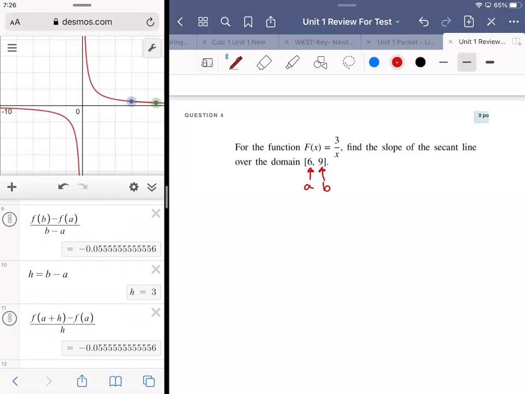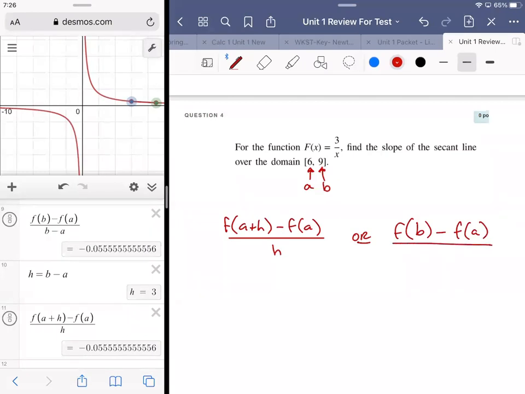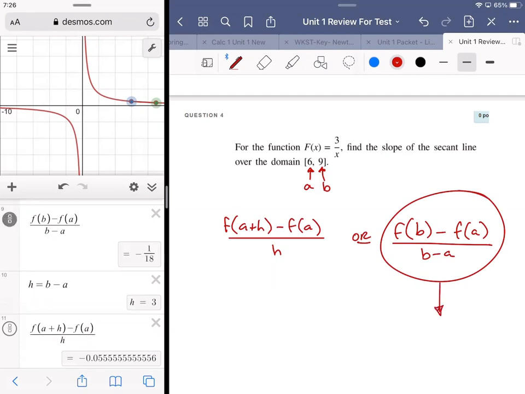Slope of the secant line is f of A plus h minus f of A over h, or f of B minus f of A over B minus A. In this case, it's this one that makes more sense because you're given A's and B's. So Desmos will tell us, you just tap on that little fraction icon to get a clean answer. Slope of the secant line is negative 1 over 18.